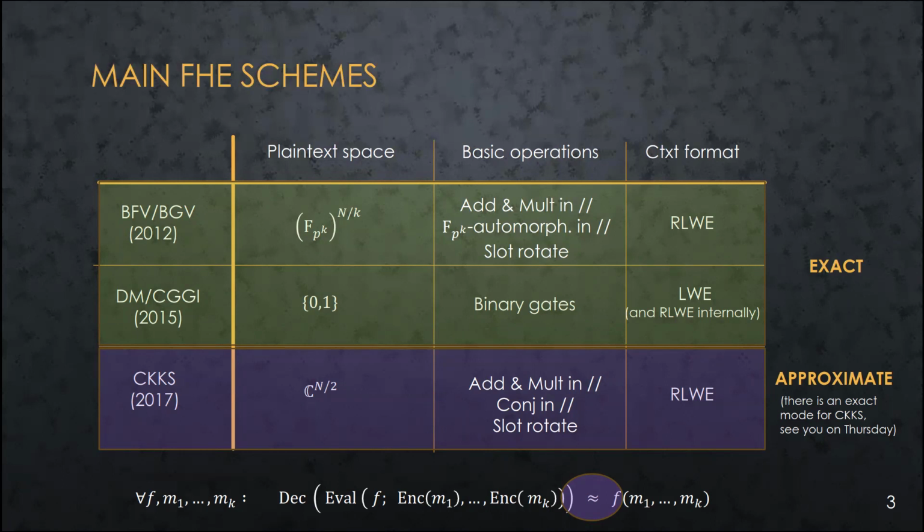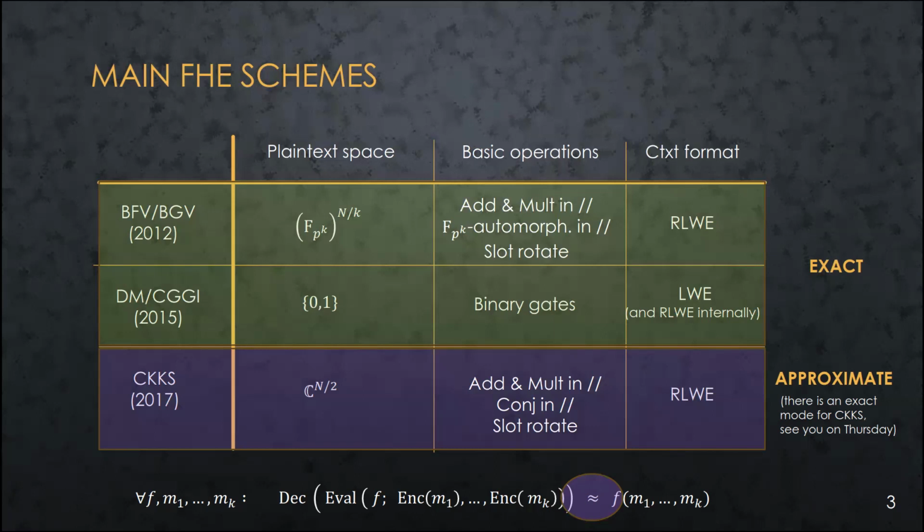So the operations are not exact in this sense. If you add, you are adding approximations, and then you add some more noise on top of the approximations. So it's more akin to floating point arithmetic if you think of plaintext computations. I want to mention that there is an exact mode as well for CKKS, and I'm not going to talk about it. I gave this talk on Thursday, so I recycled the slides and now everyone sees it.